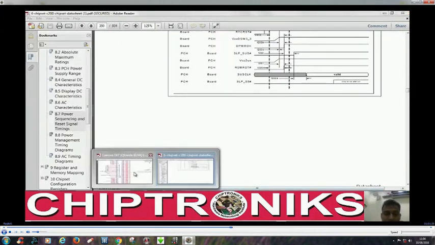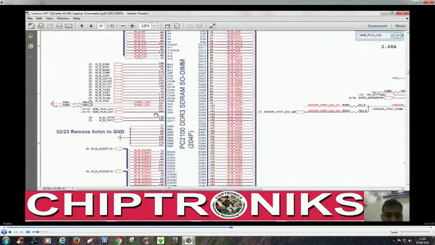This pin will have a clock, and you can see it with an oscilloscope. You put the positive probe over here and one probe to ground, click auto on your oscilloscope, and you will find a clock over here.